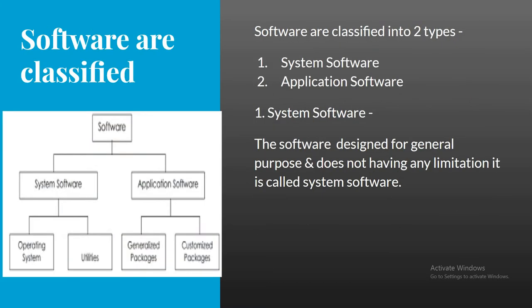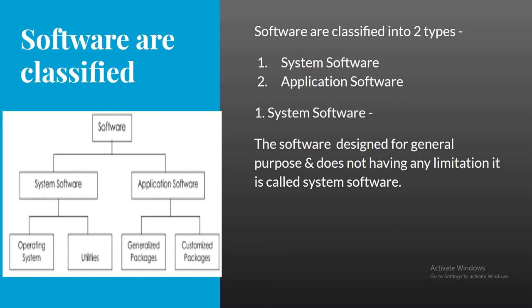Moving to software, basically software is classified into two categories: system software and application software. As I said earlier, software designed for general purpose that does not have any limitation is called system software. So system software is designed to perform general work.